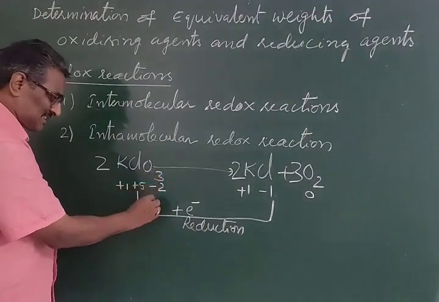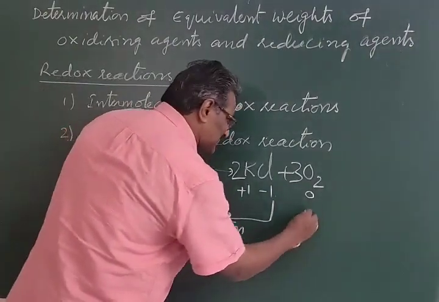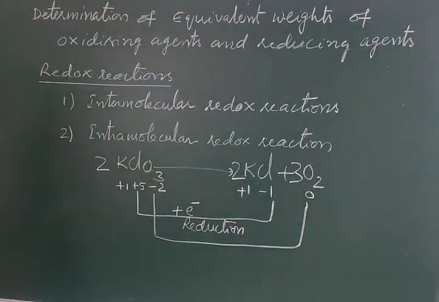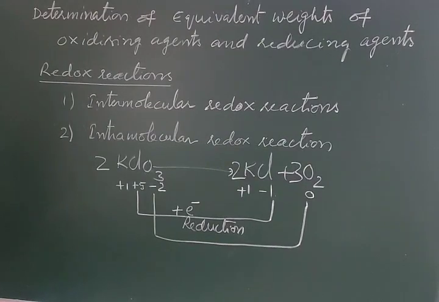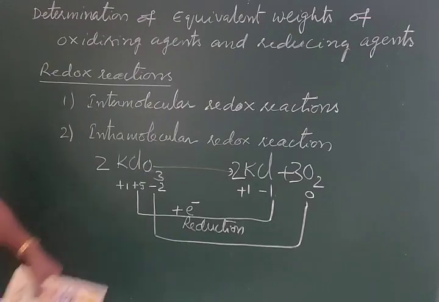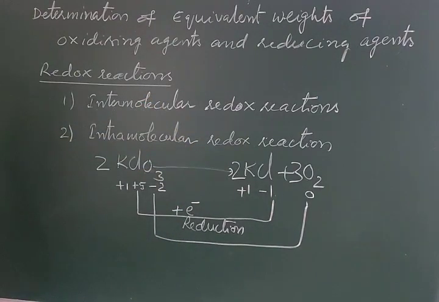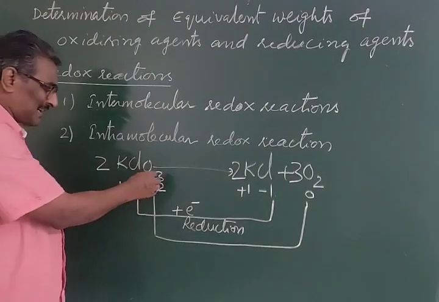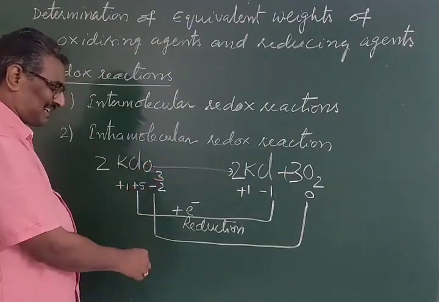The oxidation state of oxygen is changing from -2 to 0. In potassium chlorate it is -2, and in the elemental state it is 0. So how many electrons are lost by each oxygen atom?